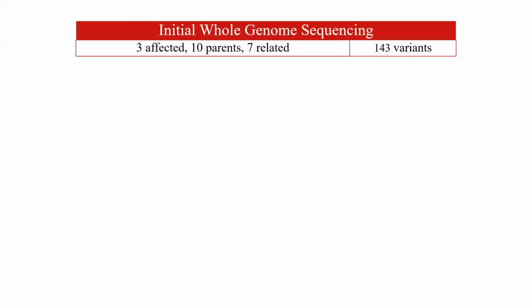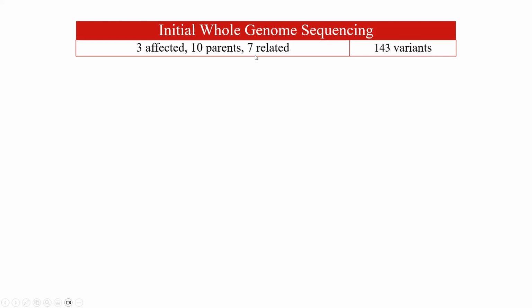So here's the process that Renee went through when she analyzed these data. We sequenced 3 affected calves, 10 parents, so parents of these calves, and then parents of calves that had been disposed of or previously born, where they didn't get samples of those calves, and then 7 related individuals.